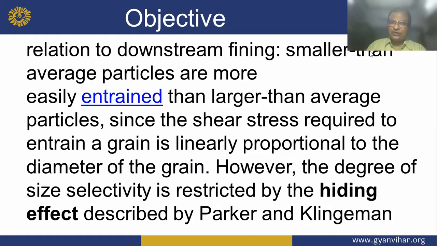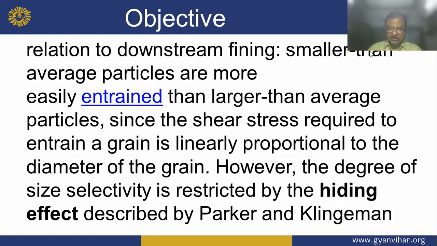Smaller than average particles are more easily entrained than larger than average particles, since the shear stress required to entrain a grain is linearly proportional to the diameter of the grain.